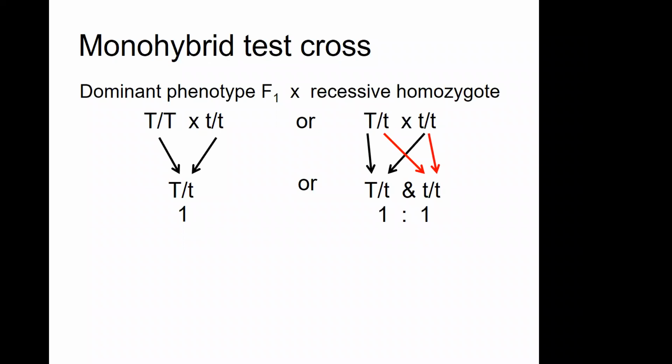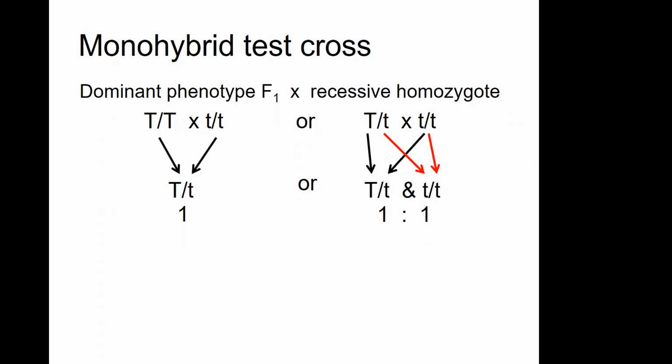Right? So you take all your tall plants, you breed them all to short plants and ask, how many times did I get only tall offspring, and how many times did I get tall and short offspring? And sure enough, 2/3 of those matings look like this, and 1/3 of those matings gave him this.